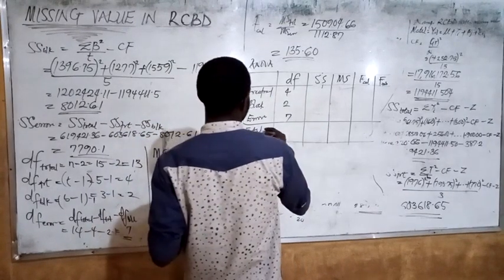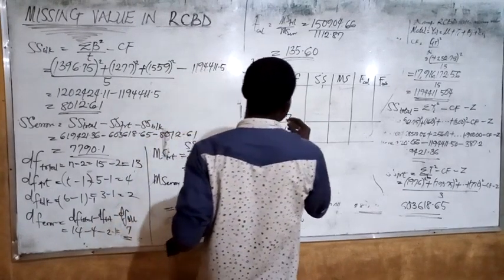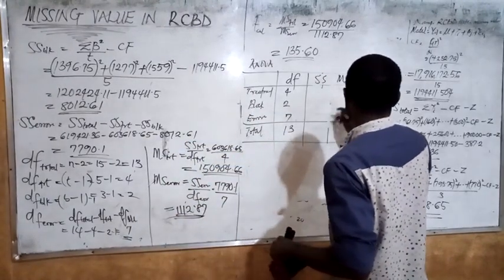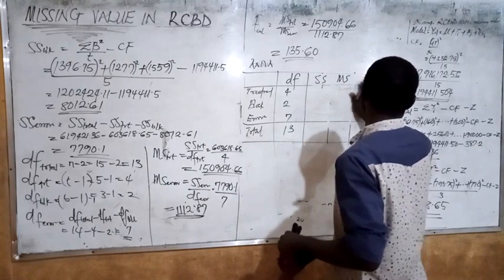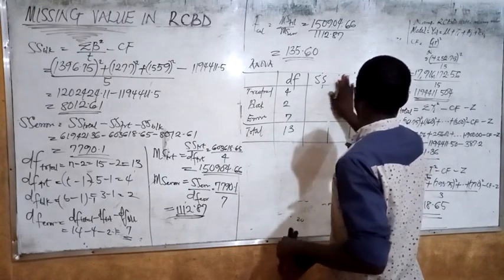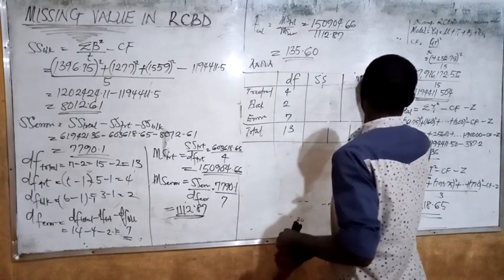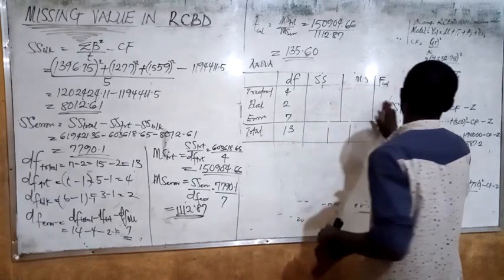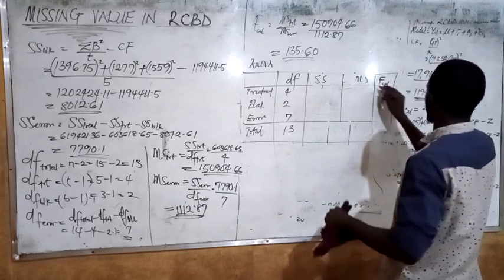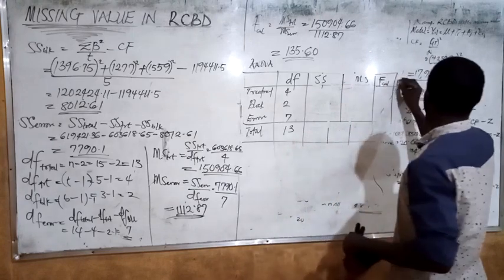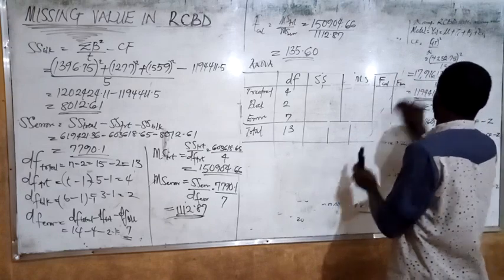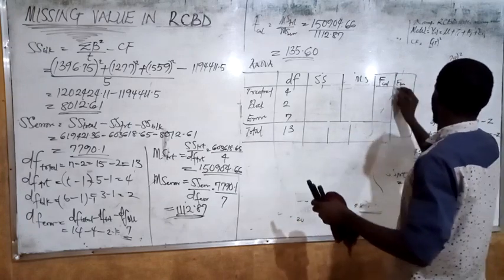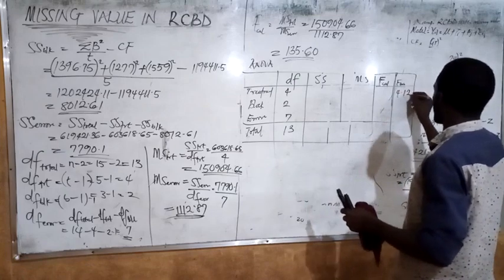Okay, so total is here we got 13. For F tab we got 4.12.